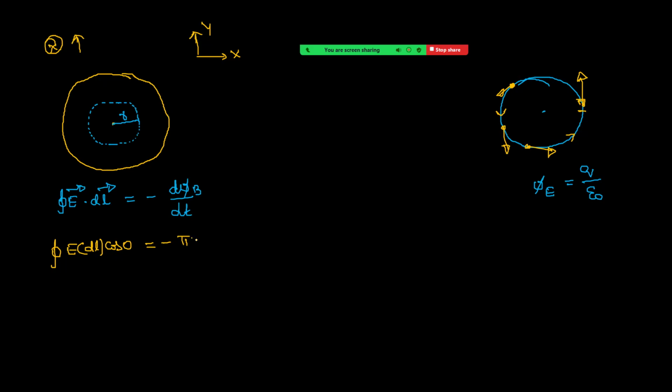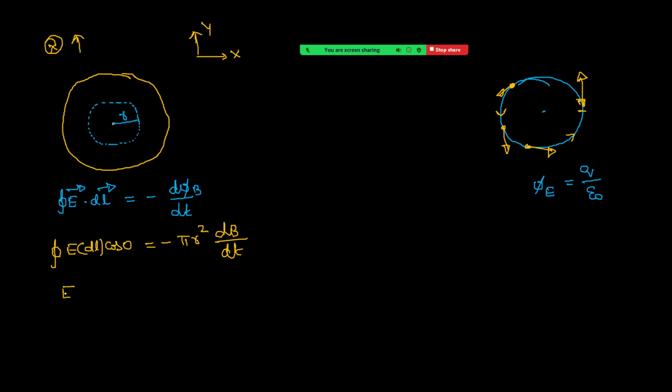This is pi r square into dB by dt, right? Let us focus here only on the modulus value. No need to take the negative sign here. Just focus on the modulus value, because the direction part we already got, which we decide based on whether the flux is increasing or decreasing. So I'm focusing only on the modulus value.